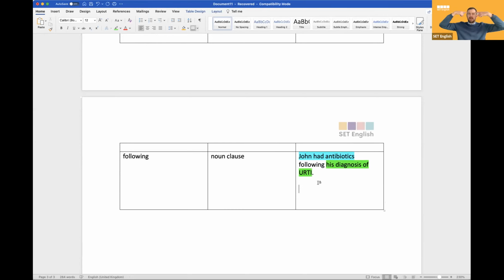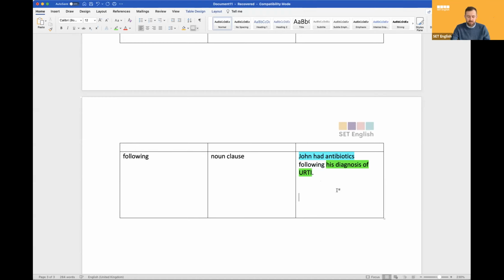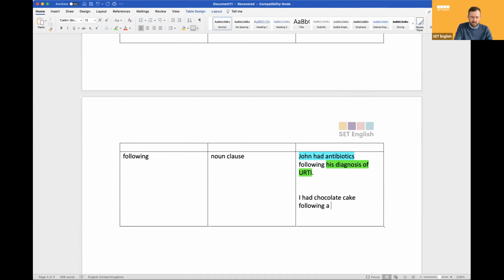In our minds, we're hearing this one happened first and this one happened second, so there must be a relationship. It says following, and it does lead to that. But what if I said this? I had chocolate cake following a steak.